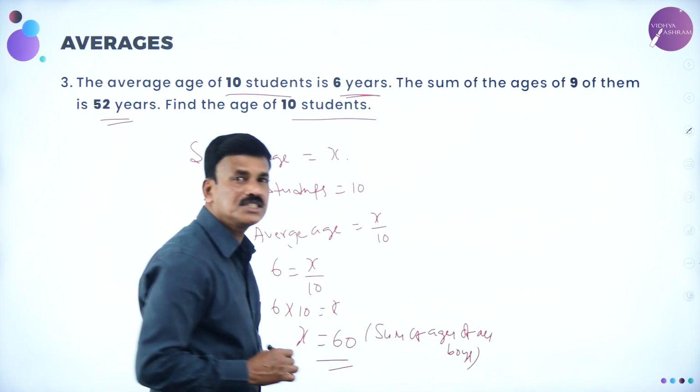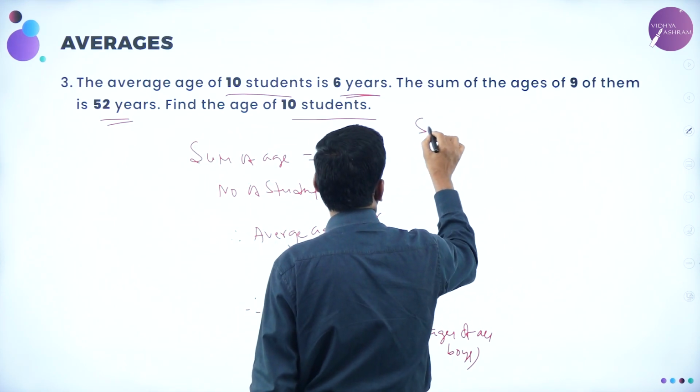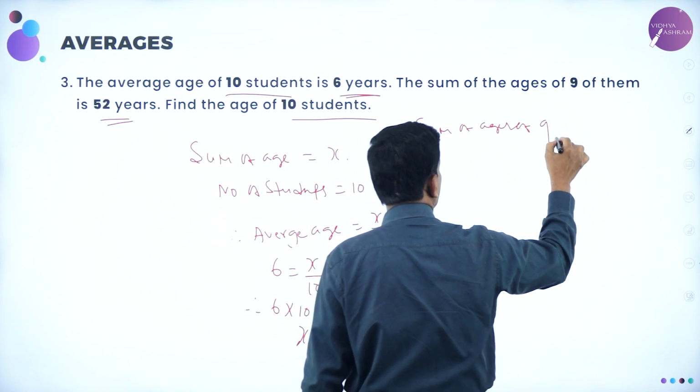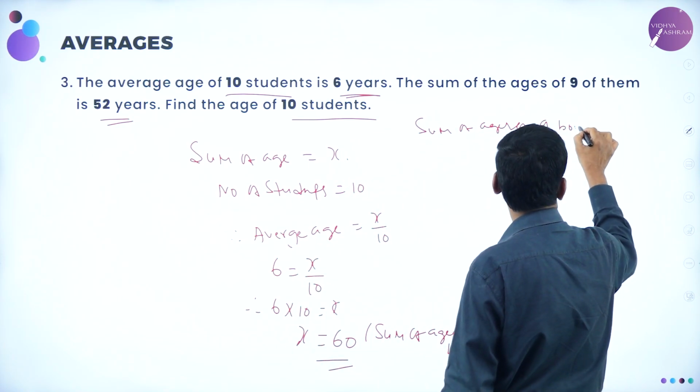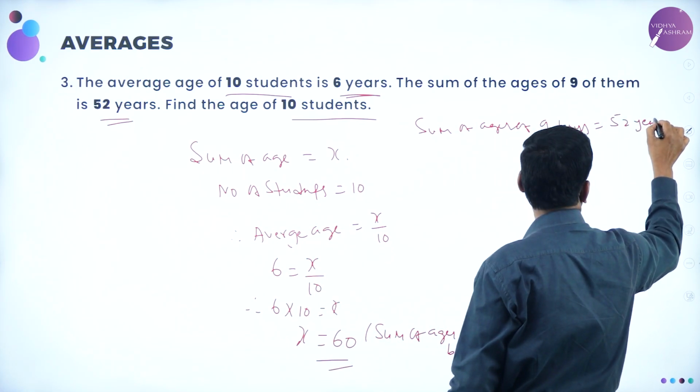Now what is the second condition given? The second condition is the sum of the ages of 9 boys is equal to how many years? 52 years. This is the second condition given.